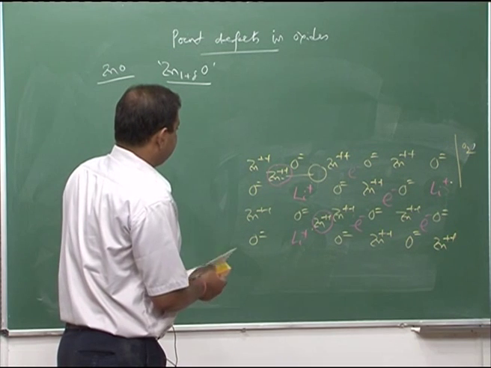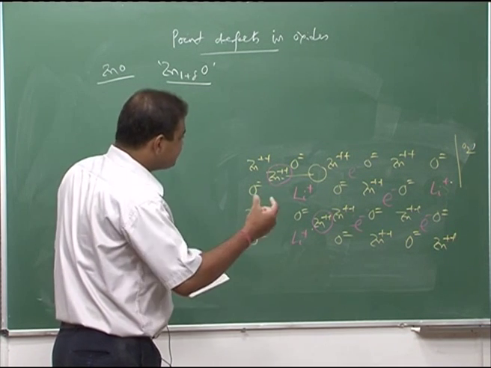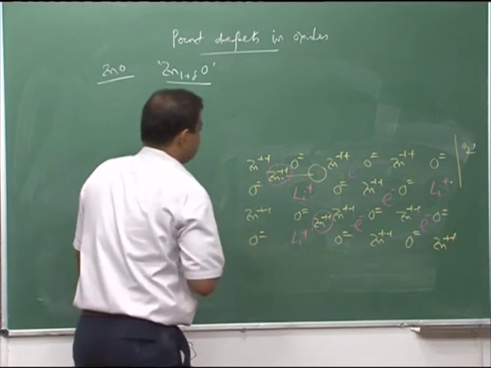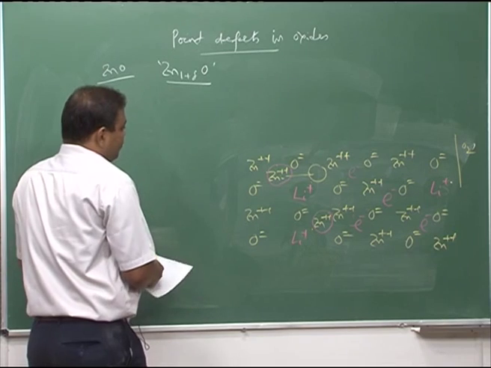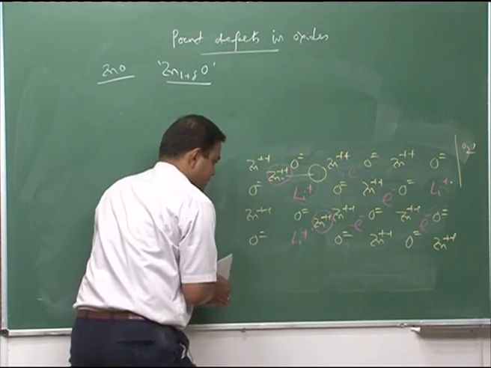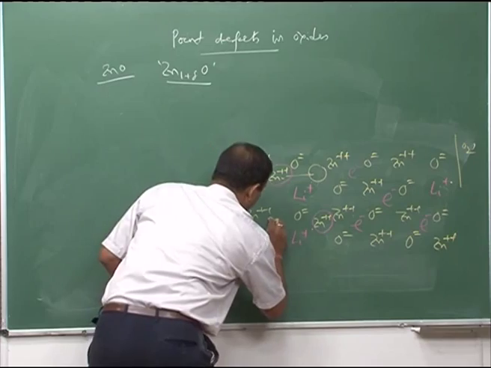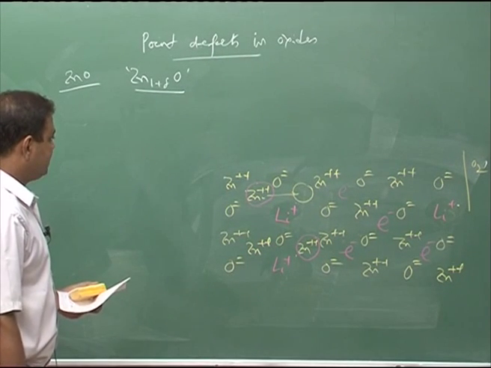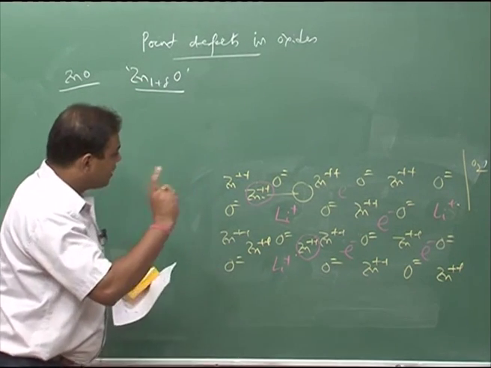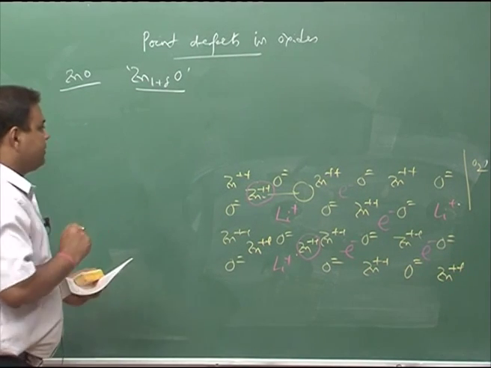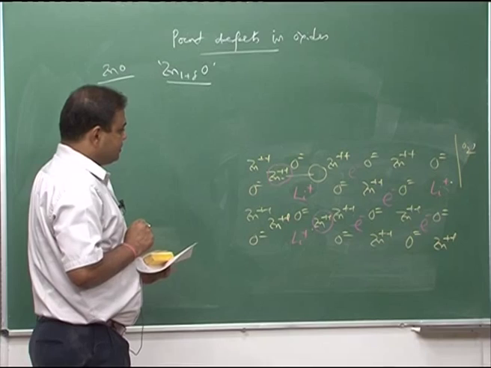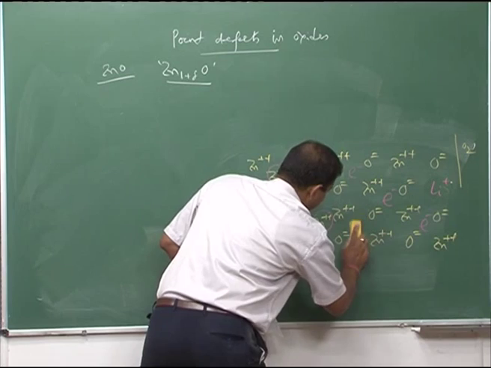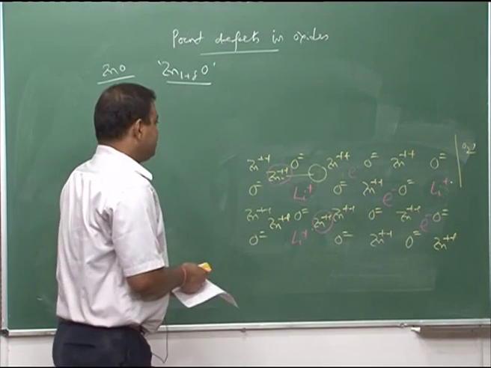In order to balance those 3 excess negative charges, if we add one interstitial cation, there is still one more negative charge to be neutralized. In order to neutralize that one more negative charge, we can get rid of one extra electron.